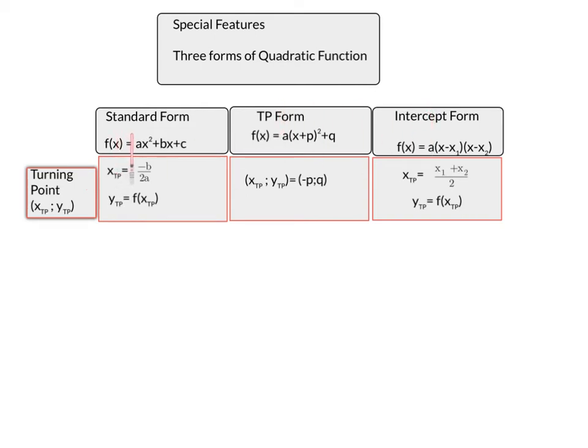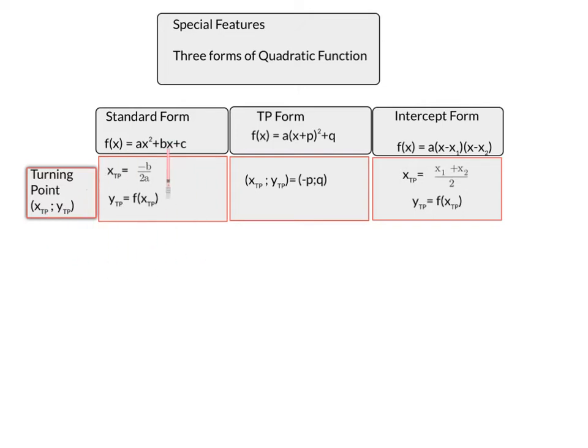So this is my standard form, ax² + bx + c. f(x) = a(x + p)² + q is my turning point form. And f(x) = a(x − x1)(x − x2) is my intercept form. Here x1 and x2 are called the x-intercepts. Now I represent the turning point as x_tp and y_tp.